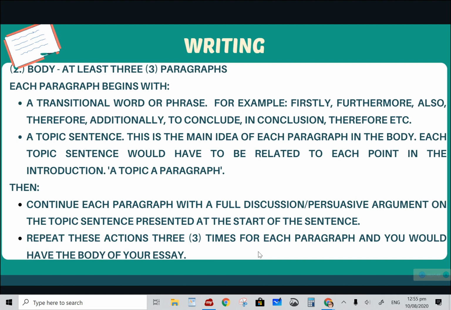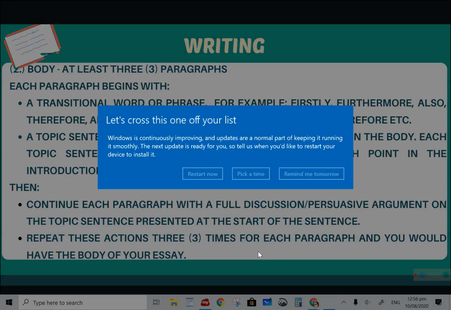So that is why we are saying your introduction is very important. Your introduction has 3 points and the body of your essay would have 3 paragraphs, a point, a paragraph. So you are basically bringing down the point from your introduction into the body of your essay, creating the body of your essay.